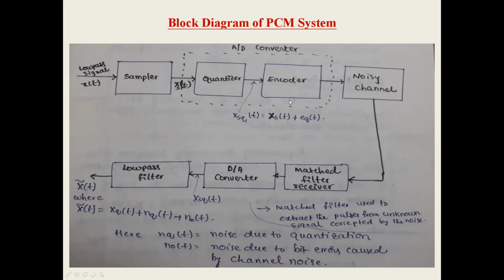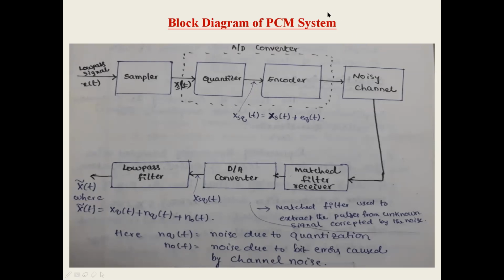What is the function of this encoder? The encoder simply assigns ones and zeros to this sq(t) equal to xs(t) plus eq(t). For this, the encoder will assign a sequence of code words, that is ones and zeros.